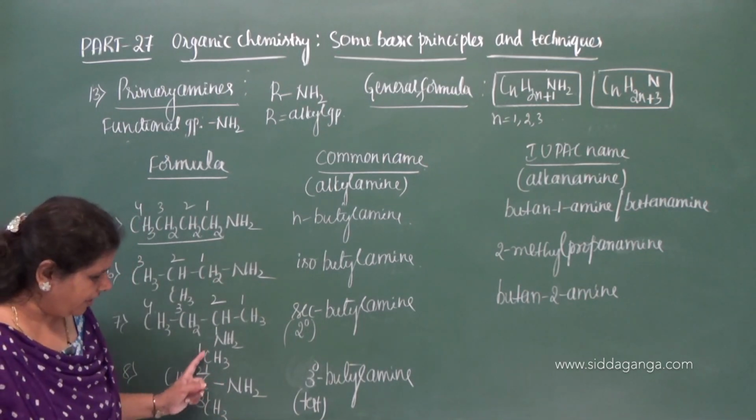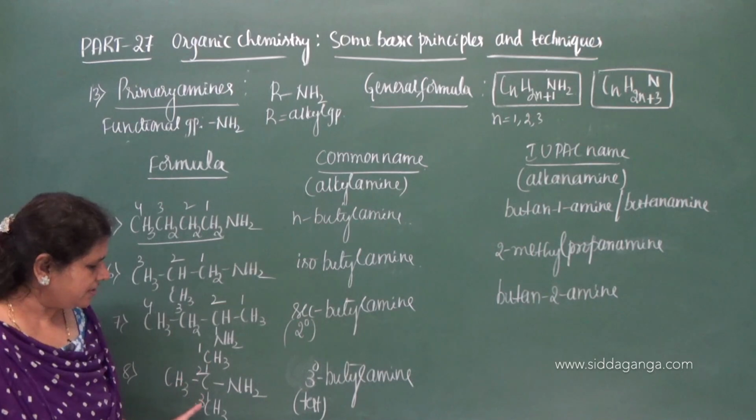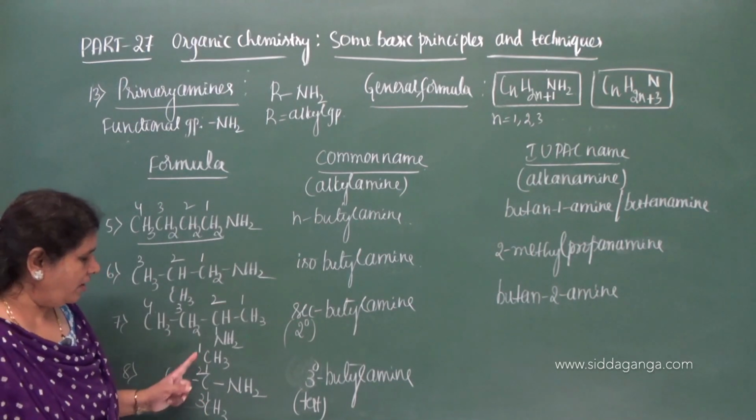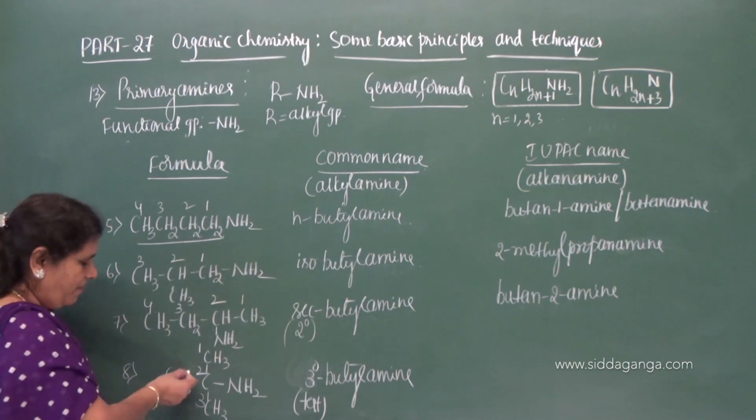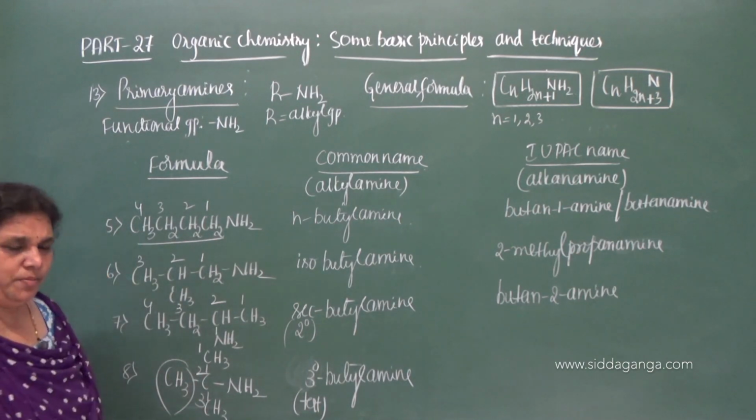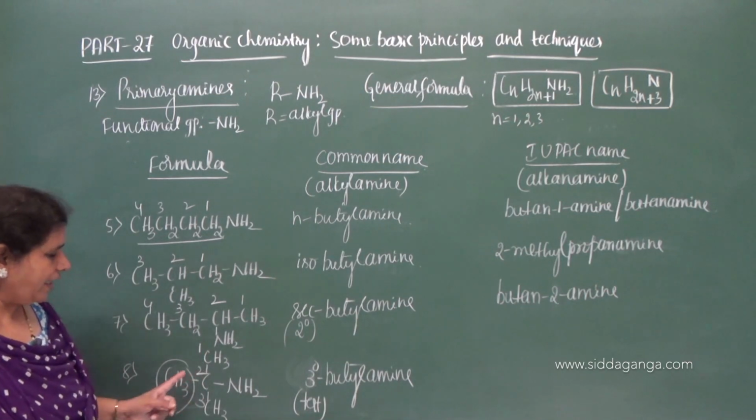You have to select the longest chain. This is the possible longest chain: propane. Before propane we have a substituent group. Methyl is a substituent present on the second carbon.